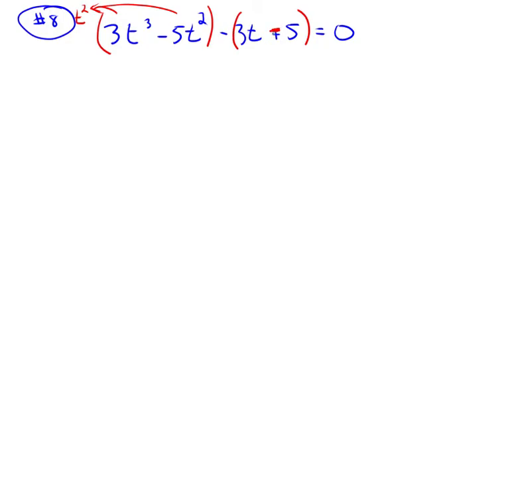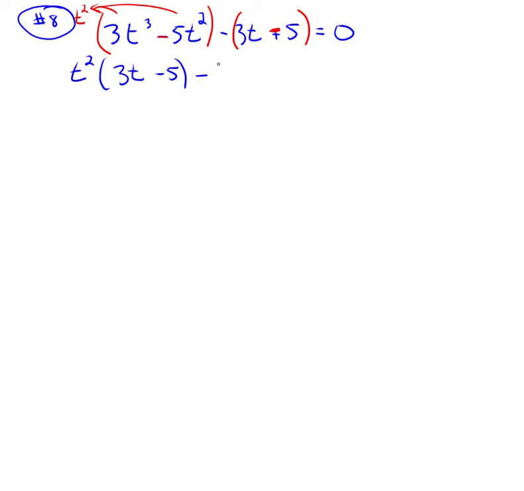And I like that because it now matches the other negative over here. And I can see that I have a 3t minus 5, and I'm going to have a 3t minus 5 over here. So just be careful watching out for that negative right there. So we have t squared times 3t minus 5 minus, now this, I know in my next step I'm going to distribute out that 3t minus 5.